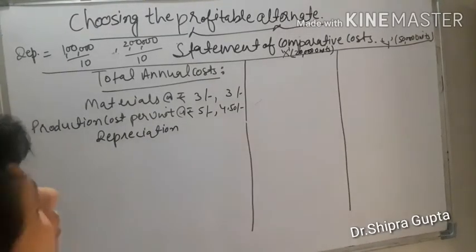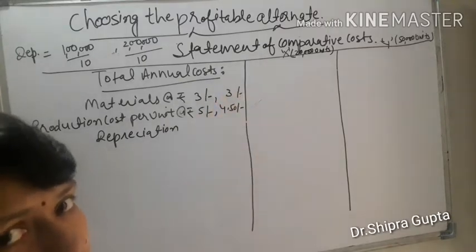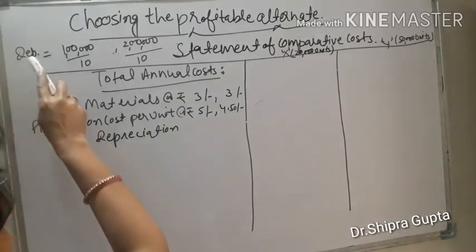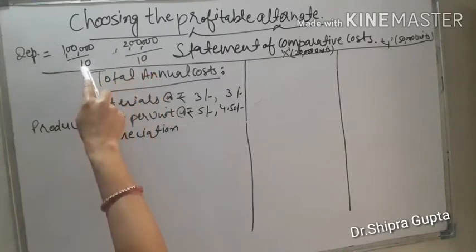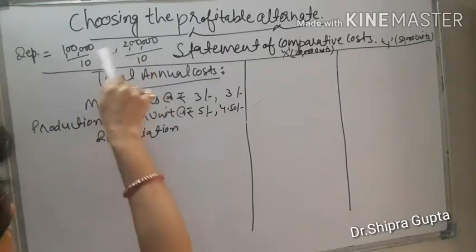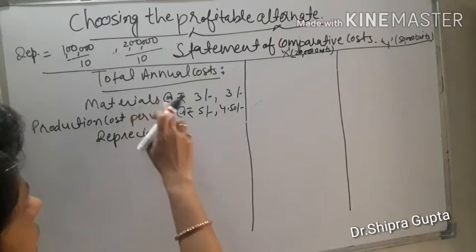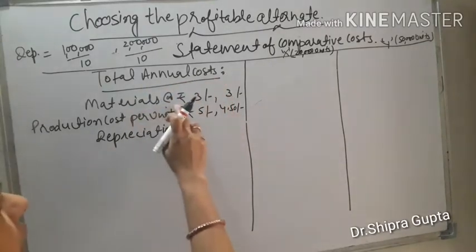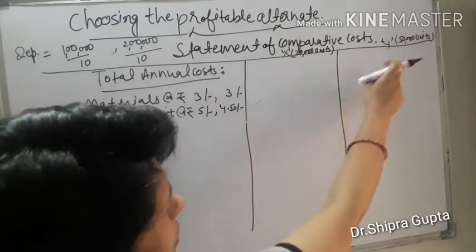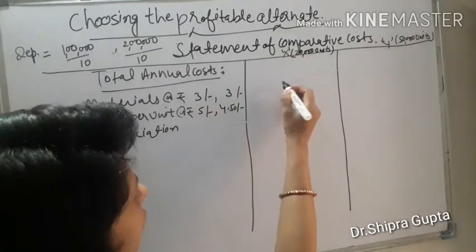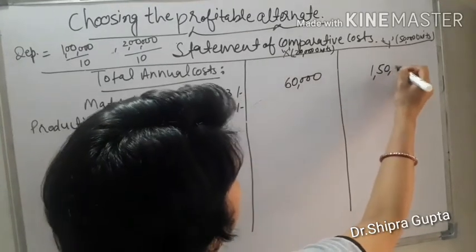In this question, we take the given data and maintain a statement of comparative cost between machine X and machine Y. First we calculate depreciation: the cost of machine X is 1 lakh rupees and Y 2 lakh rupees, estimated life 10 years and scrap value nil. So depreciation is the cost divided by the working life in years. Then materials: the total annual cost is rupees 3 per unit, a variable cost, multiplied by the capacity, 20,000 for X and 50,000 for Y. 3 multiplied by 20,000 is 60,000, and 3 multiplied by 50,000 is 1,50,000 rupees.